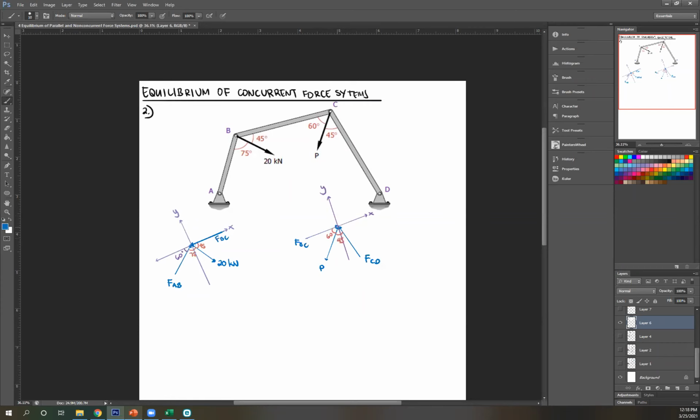Okay. So now, as you can see, for P, I observed that the angle is 60 from the horizontal. So the only problem now is this FCD from the horizontal. You can figure that out considering this is 180, right? So 180 minus 60 minus 45, you get this angle 75.